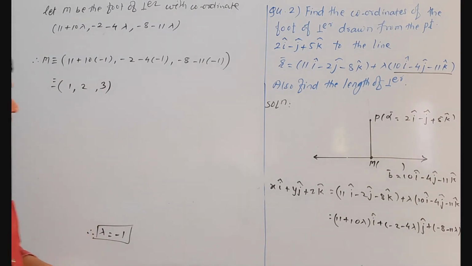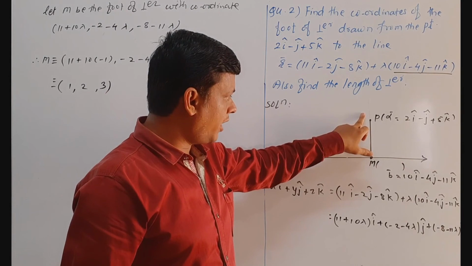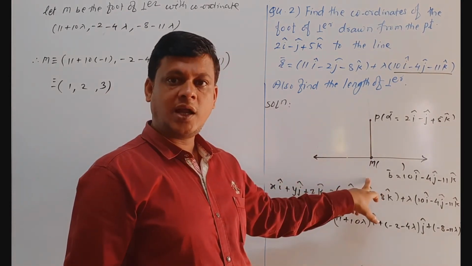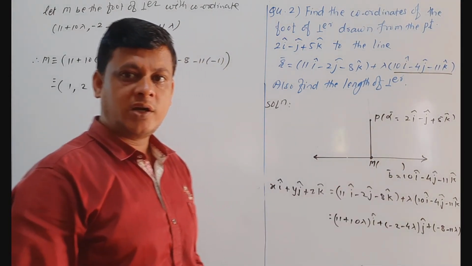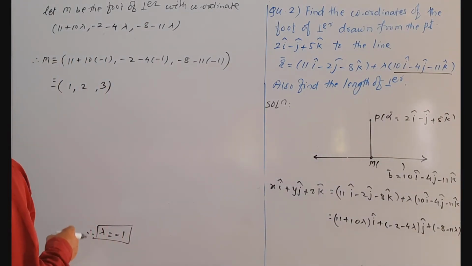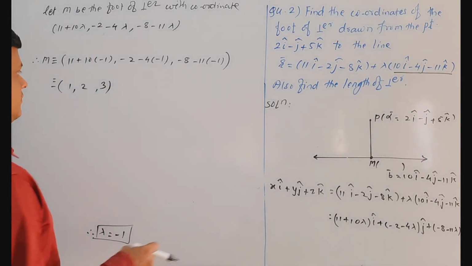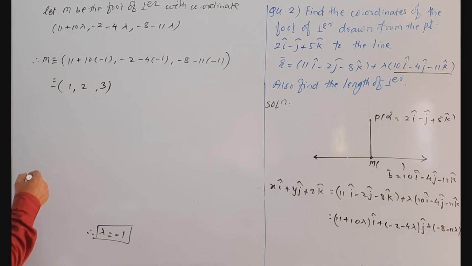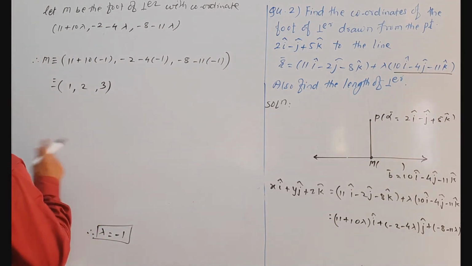Now we have to find the distance of point P to the line. We have to find the perpendicular distance. So we can use the distance formula for calculating the length of PM.